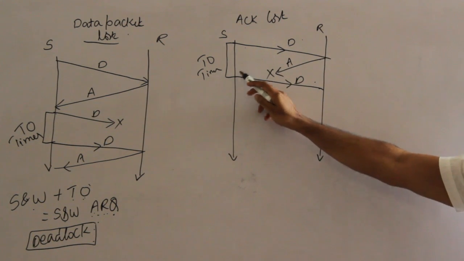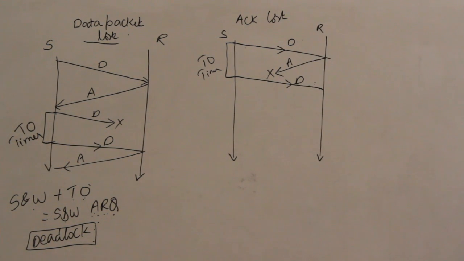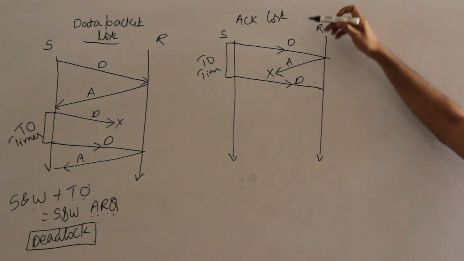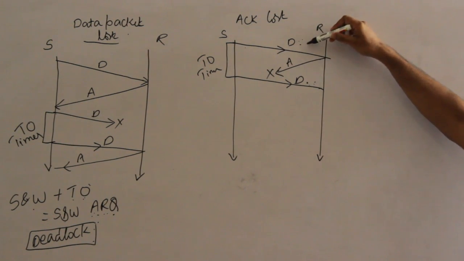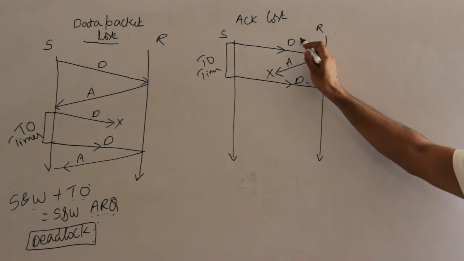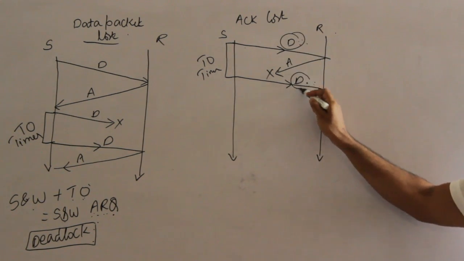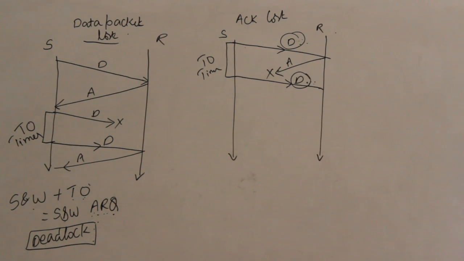And according to the receiver, this second data packet is a different data packet compared to the first one, which means according to the sender, both the data packets are the same, but according to the receiver, both the data packets are different. So the receiver will think that this is data packet number 1 and this is data packet number 2, and he will again accept it, process it as if this is a new packet.